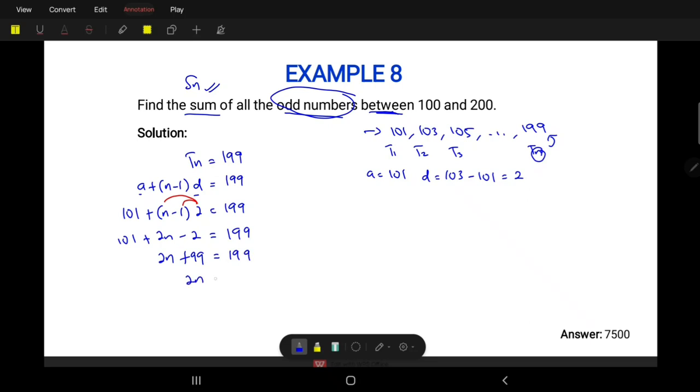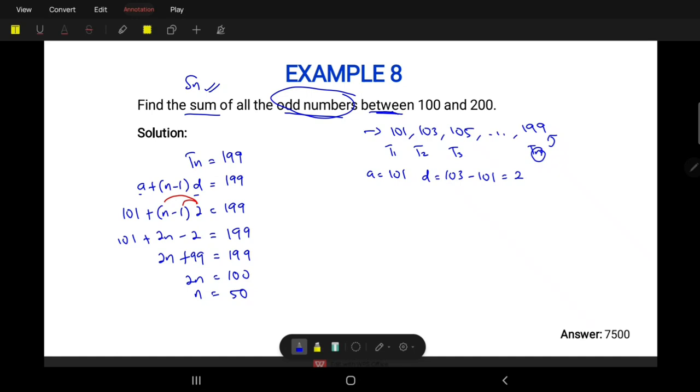So we need to find the value for n. 99 pindah sebelah, dia akan jadi negative. So 199 minus 99, you will get 100, right? To find the value for n, 100 divided by 2, you will get 50.